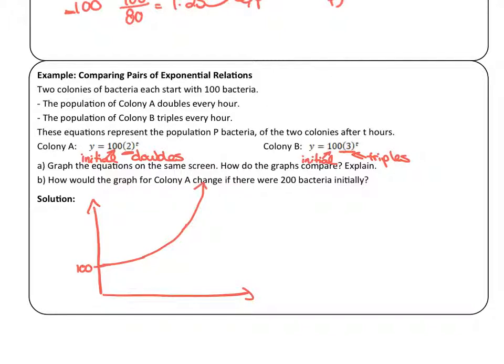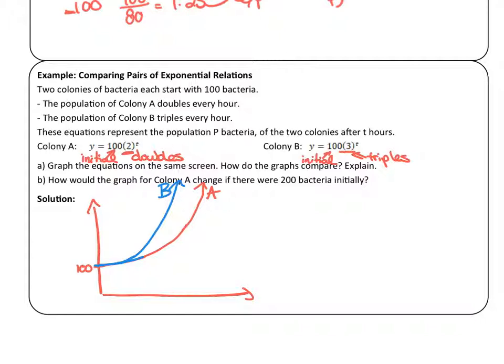And then colony B, again, it's going to start at 100. It's going to go up slowly, but eventually, because it triples, it's going to take off even more. So that's colony B. You'll notice that colony B will go up faster than colony A, but they start at the same spot.